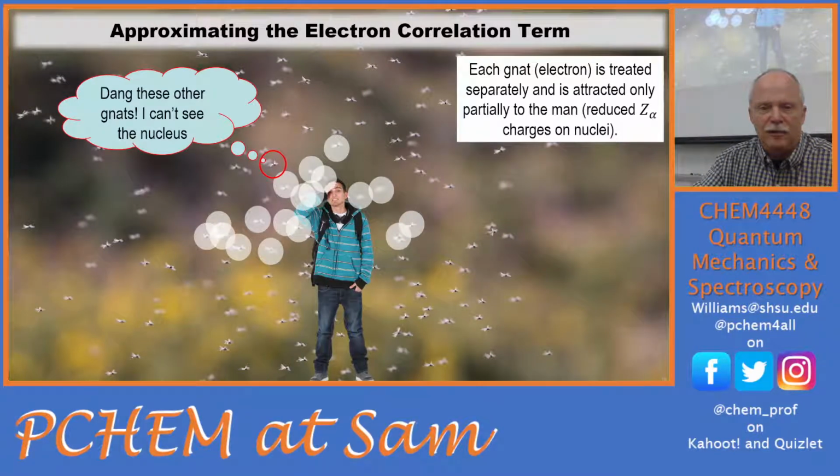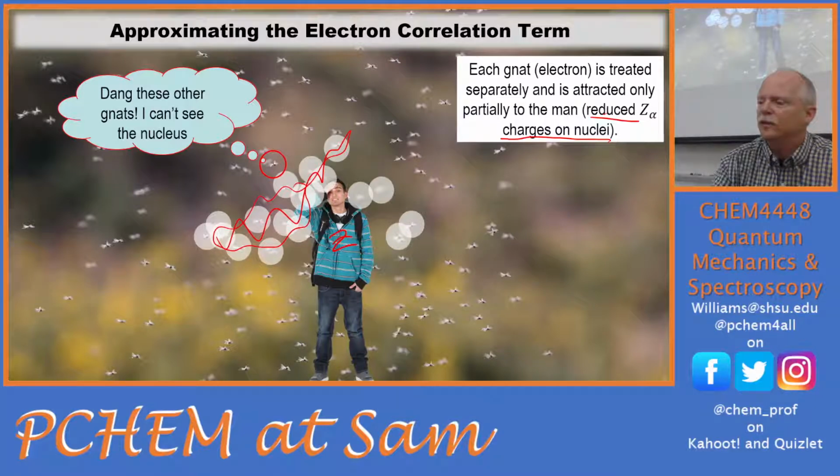One way to approximate this electron correlation term is, again, through these effective nuclear charges. So we can reduce the charge on the nucleus in that potential term by this shielding. This electron is being shielded by all of these other electrons, and the charge on this nucleus, Z, is reduced to account for the shielding of all of those other electrons.